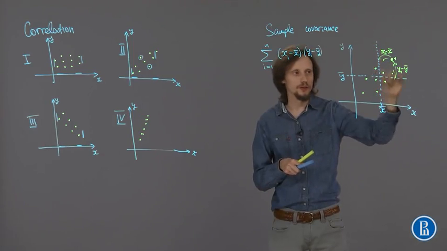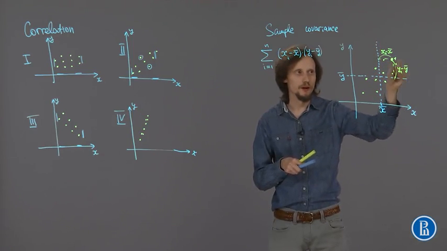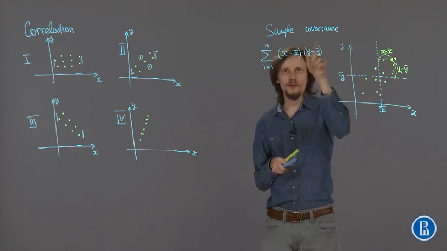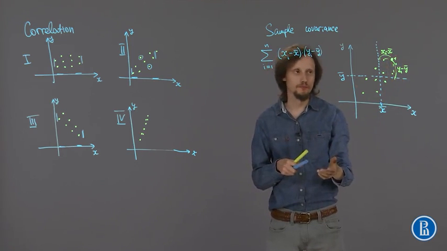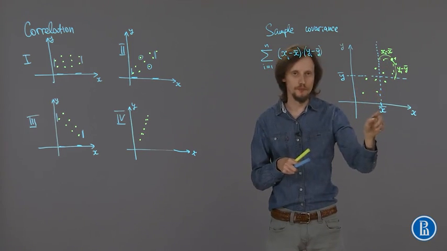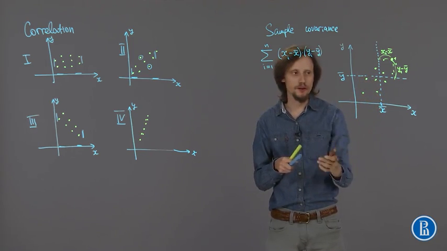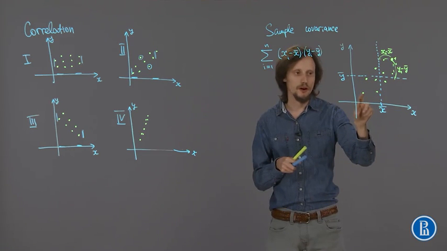So we see that in this part of the graph, x coordinates of all points are larger than x bar, and y coordinates of all points are larger than y bar, and it means that here this product will be positive. What about this part? In this part, both differences, this and this, are negative because, for example, here x-coordinate of this point is less than the corresponding x bar.